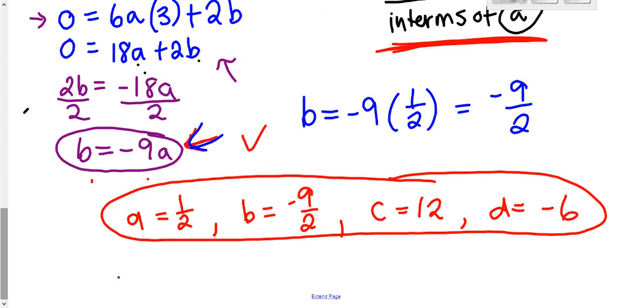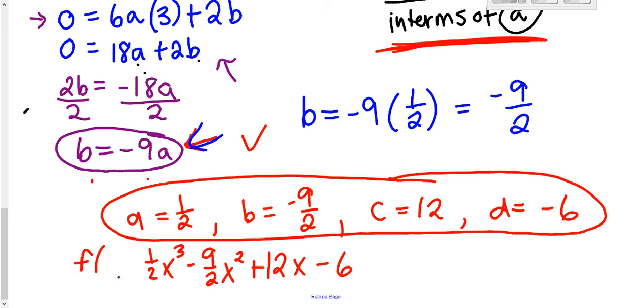If we wanted to write it back in the equation, it would be 1/2 x cubed minus 9/2 x squared plus 12x minus 6 is our original function. So that was just a lot of algebra. There we go.